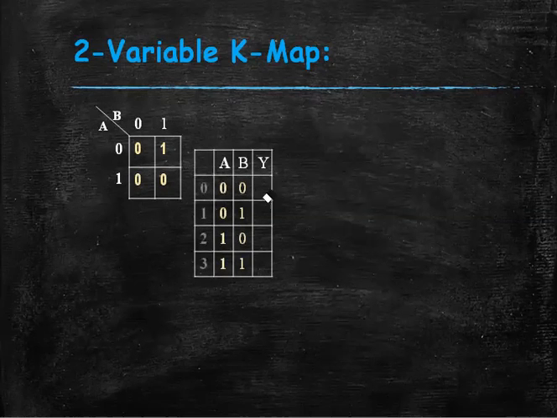To obtain the truth table, first we fill the position of 1. 1 is in the position 0 1, it is the position of 1, and we must put a 1 here. Okay, and the remaining must be equal to 0.